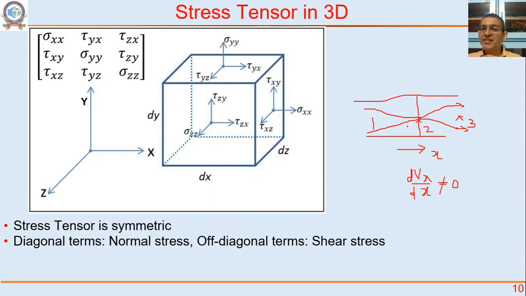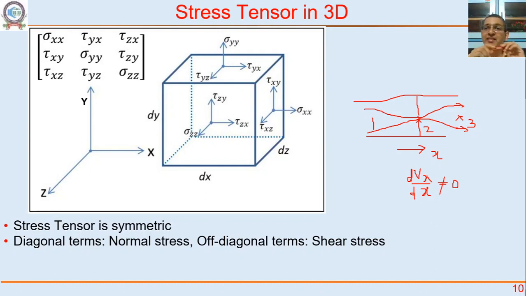Now Vx increasing with x direction, that means if you think about this, suppose this is our x direction, right? The front part is getting pulled faster than the rear part of this fluid element. It is going to cause shear, it is going to cause elongation.